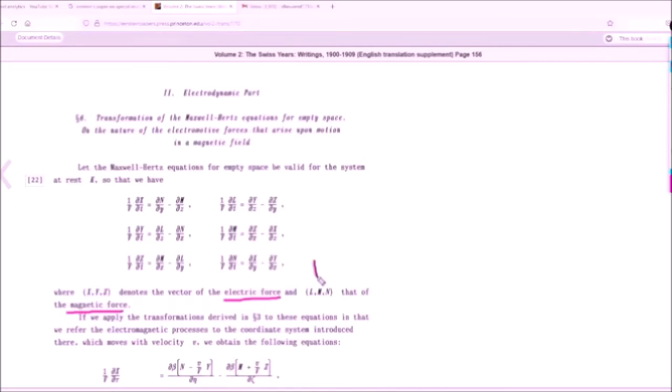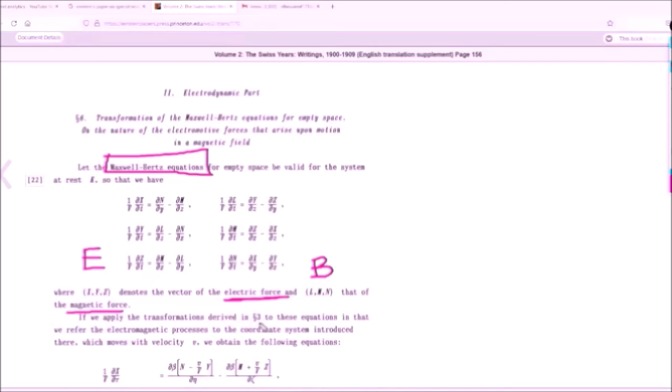So the electric force is E, and those are the vector of the magnetic force, B. That is the Maxwell-Hertz equation.